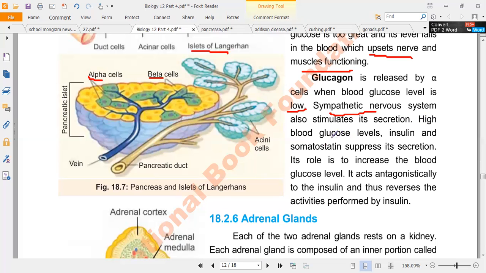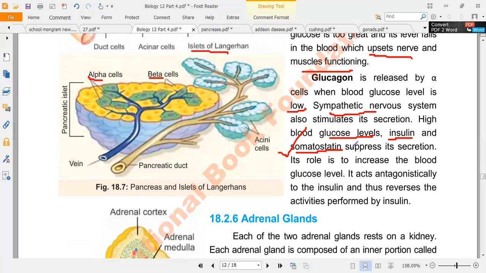So when blood glucose level is high, insulin acts, and glucagon increases the level of glucose up to the normal level. Then insulin will be increased, and somatostatin together suppress its secretion. So then there is a normal blood glucose level in the body.